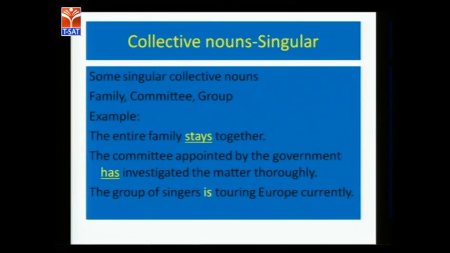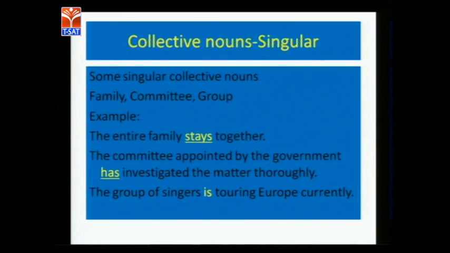Now, the last sentence in this set: the committee appointed by the government has investigated the matter thoroughly. The committee appointed. So the committee is what? The committee is a few people, at least more than one, two people, yeah? So the committee appointed by the government has investigated the matter thoroughly, has investigated, not have investigated.